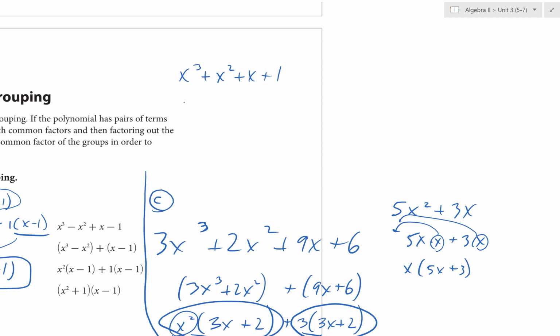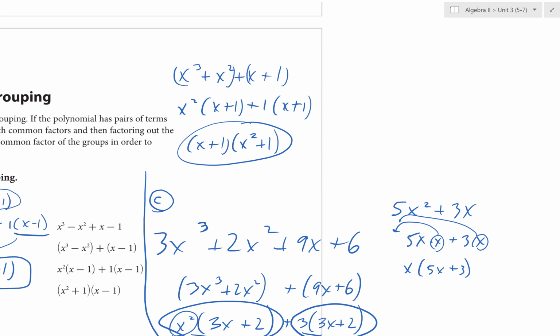So you can factor this by grouping as well. This would be x squared times x plus 1 and 1 times x plus 1. So if you have that book, you would factor out the x plus 1 and you'd be left with x squared plus 1. So it's a very similar problem. I don't know why there are two different versions of the book, but both of them work by grouping.